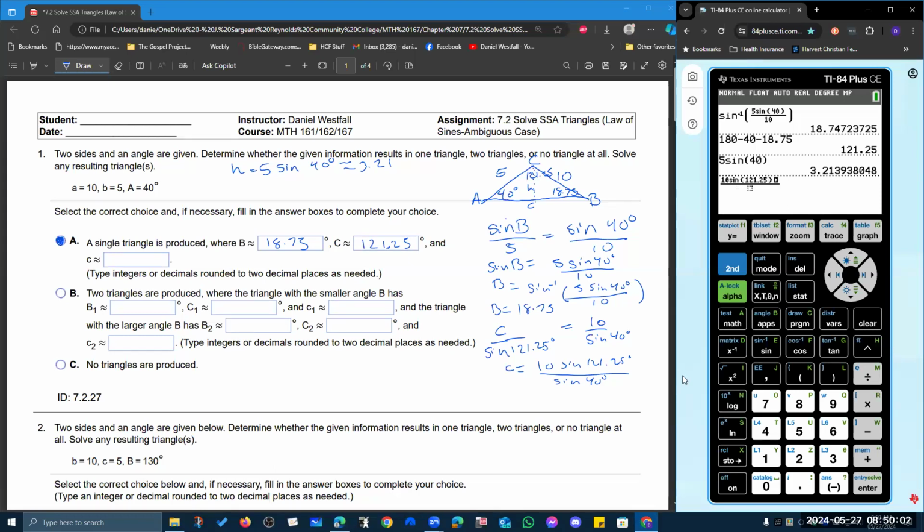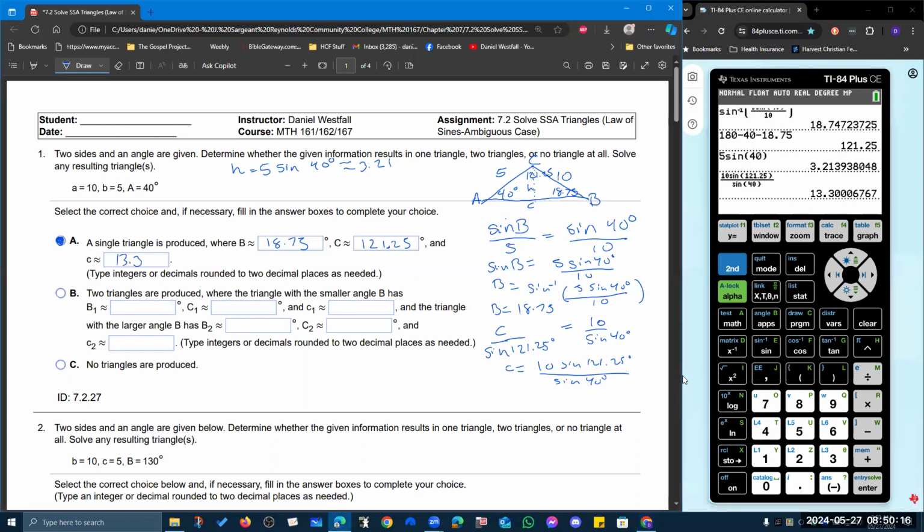We get 13.30, everything to 2 decimal places, according to the instructions.